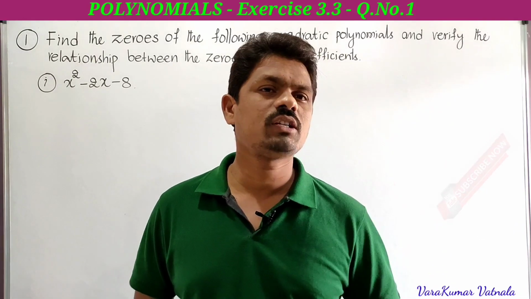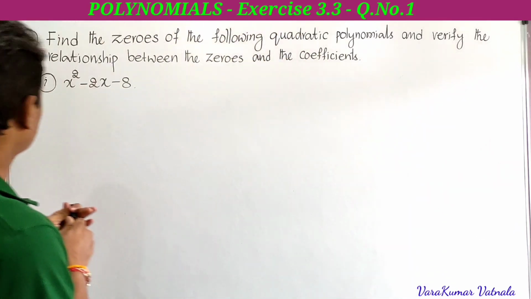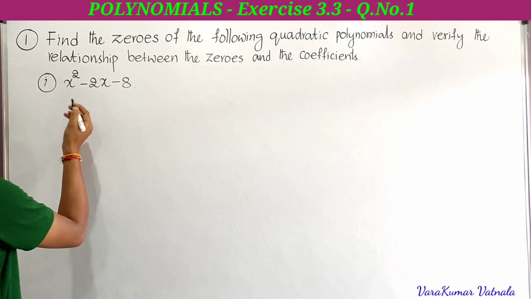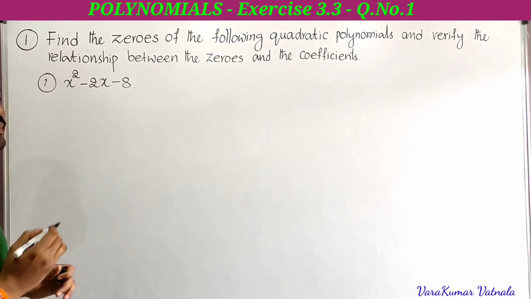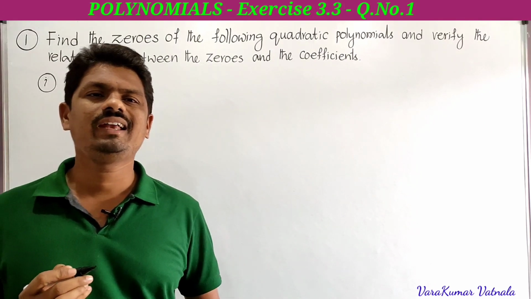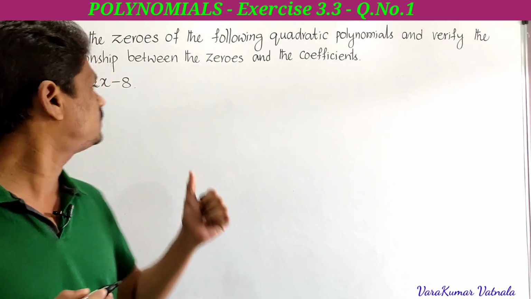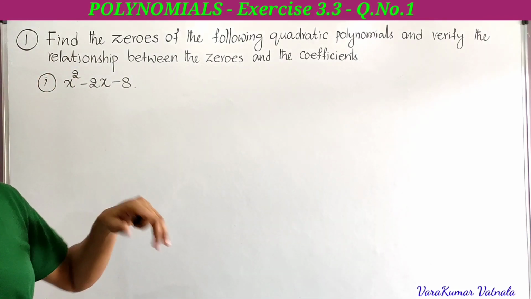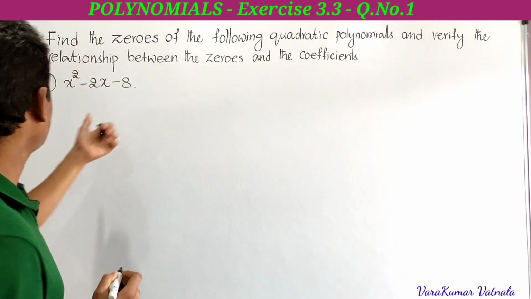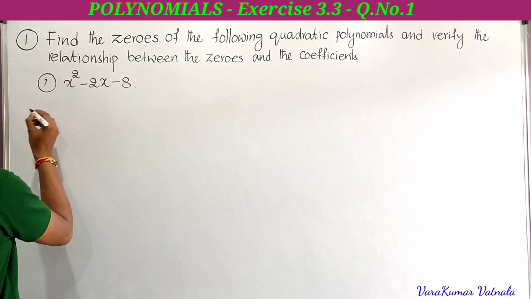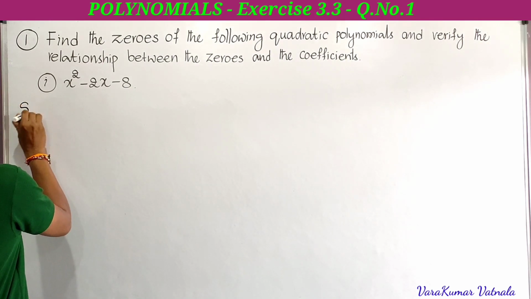So first you have to find the zeros. See here how we can find. This is the given quadratic polynomial, x square minus 2x minus 8. In the first problem there are totally 6 bits. This is the first bit, so one by one we have to solve. See here, first one, x square minus 2x minus 8.